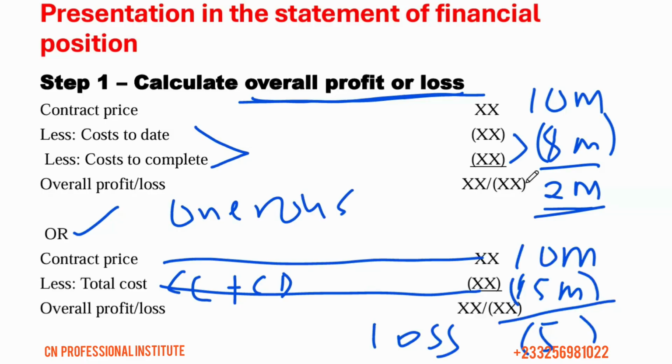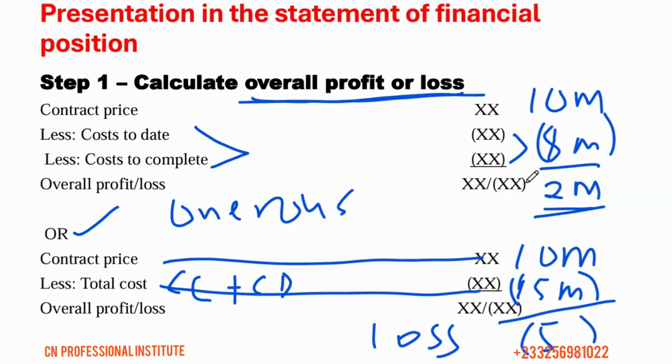That's what we call an onerous contract. The slide says that if the contract is expected to be onerous, like you make an overall loss, then you should record all the loss in the first year of the project, the first time you are preparing your financial statement.